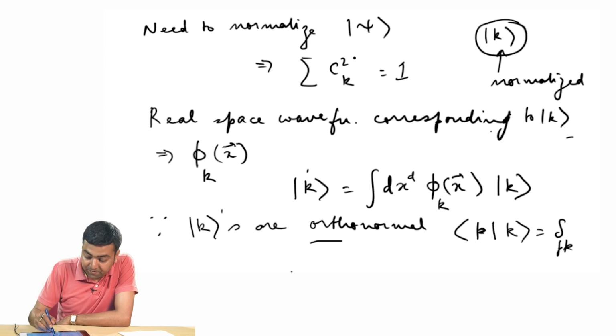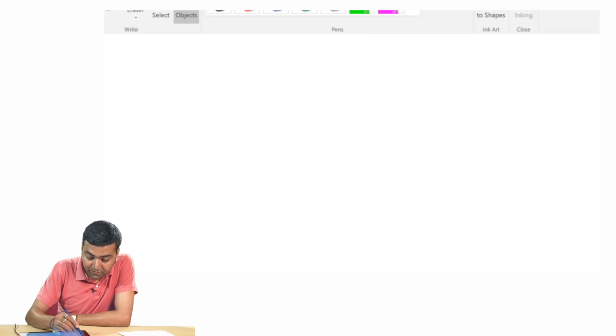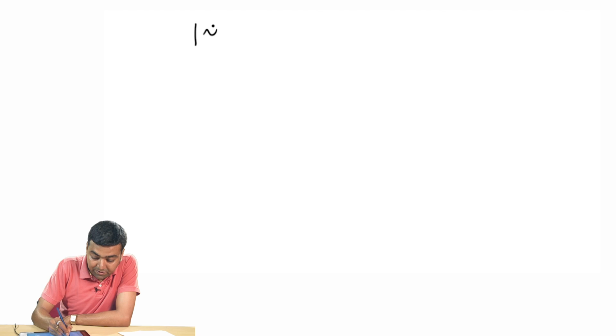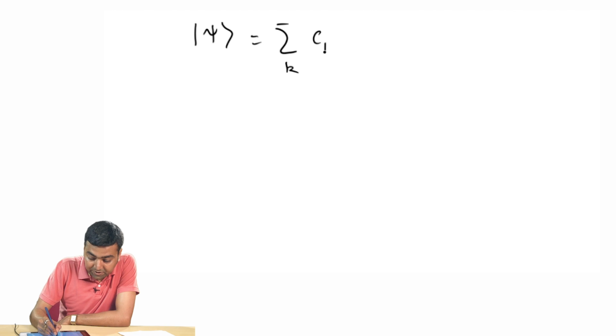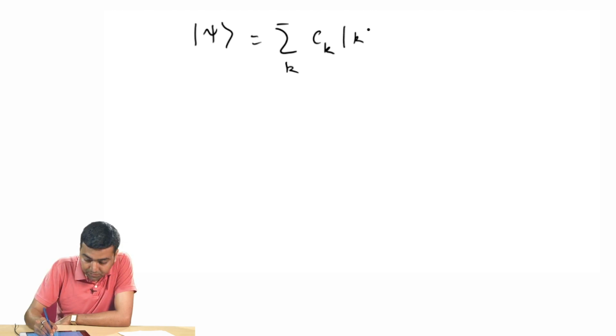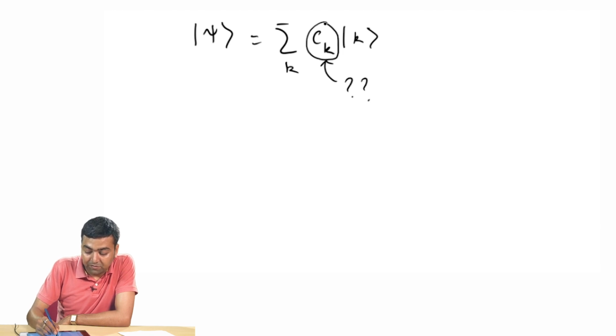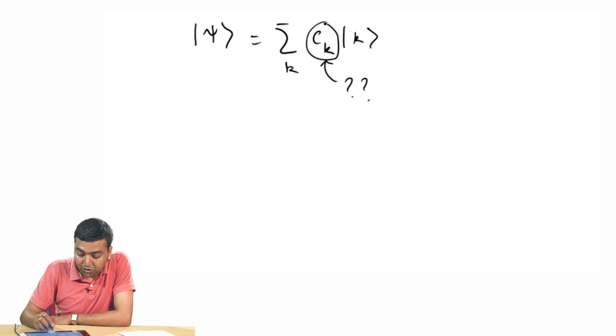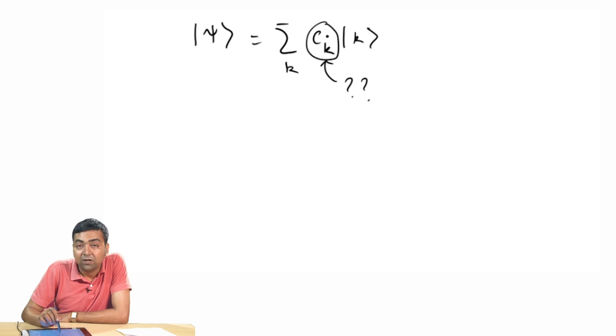Now, if you remember, my unknowns are my c_k. Just for recapitulation, what we are trying to do is write psi as a sum over k of c_k |k>, and we want to find what these c_k's are. As in one of our early examples where we were trying to find the coefficients, to find these unknowns we need to project onto the basis set.